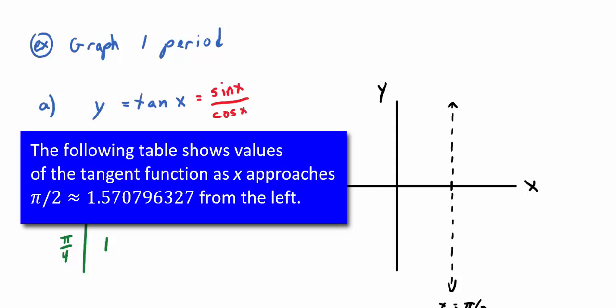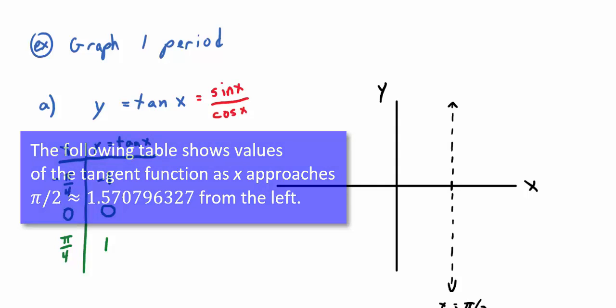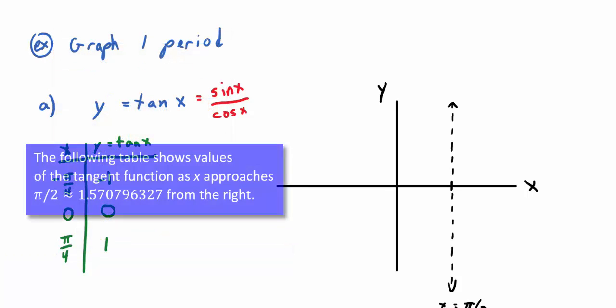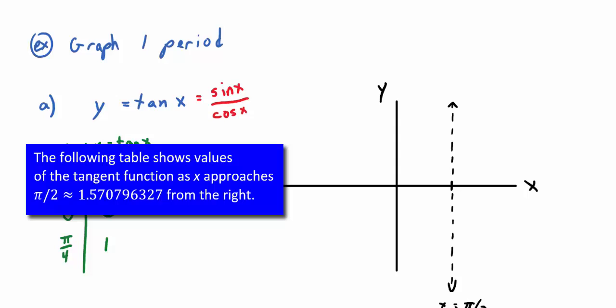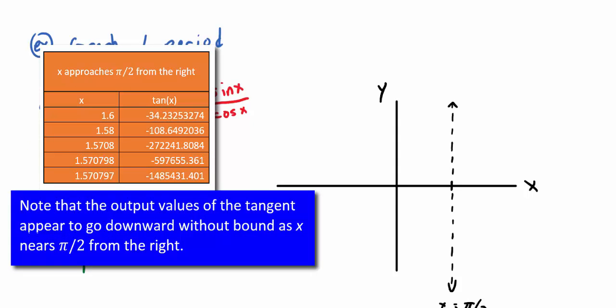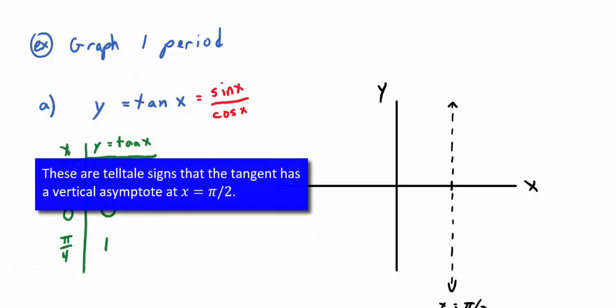And what I'm saying is the graph of the tangent better not cross that. Because when x equals pi halves, you get division by 0. So you have to have a vertical line there that the graph doesn't cross. We call it a vertical asymptote. Sound familiar? Hyperbola? Yeah. Some hyperbolas have asymptotes as well. Not necessarily vertical, but yeah.